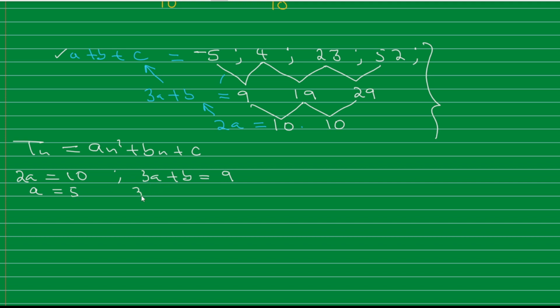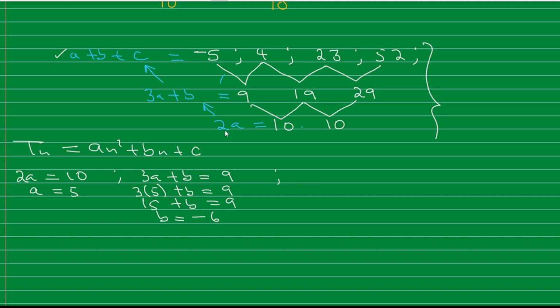So it's going to be 3 times 5 plus B is equal to 9. This gives us 15 plus B is equal to 9, which gives us B being equal to negative 6, 9 minus 15.